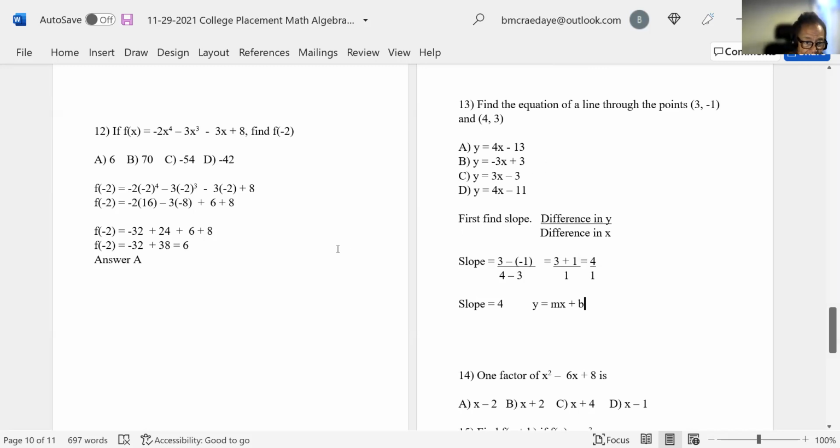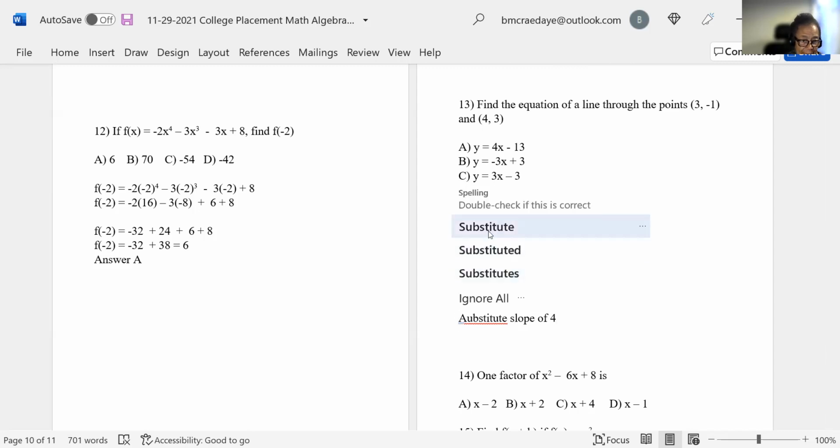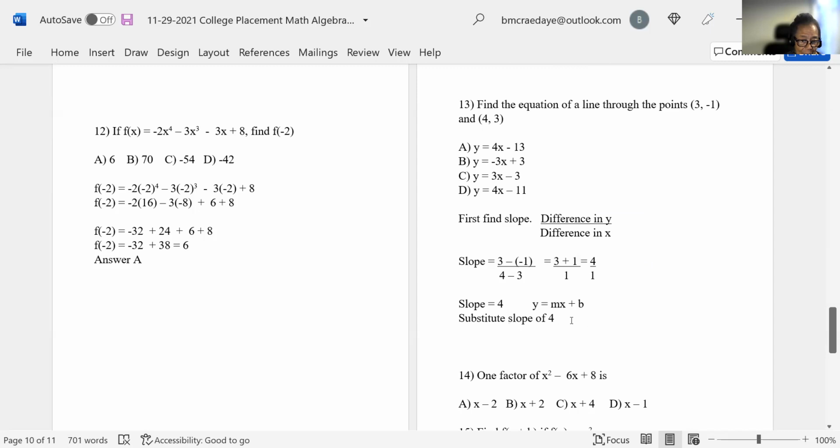So we can substitute our slope of 4. And we're substituting that in our y equals mx plus b.